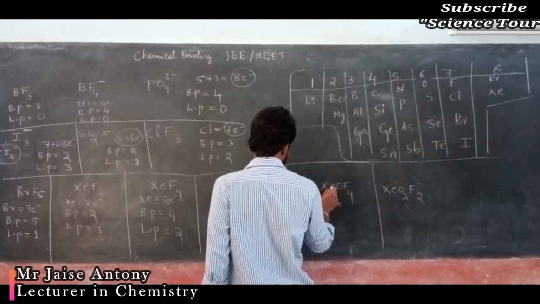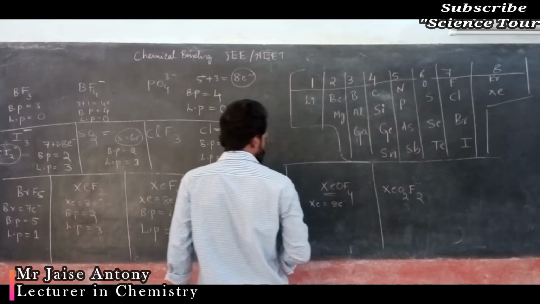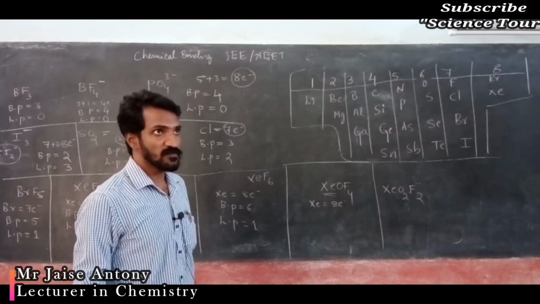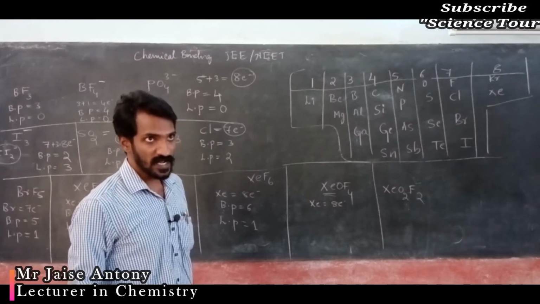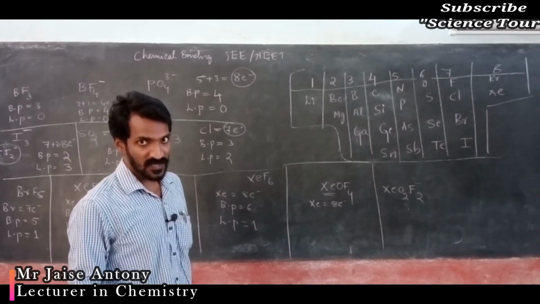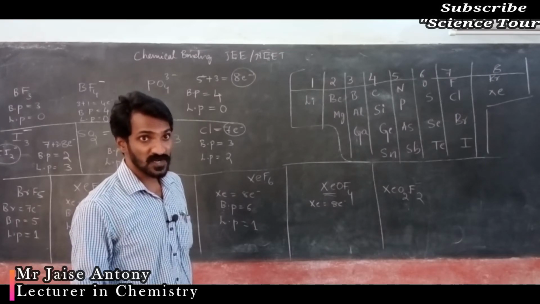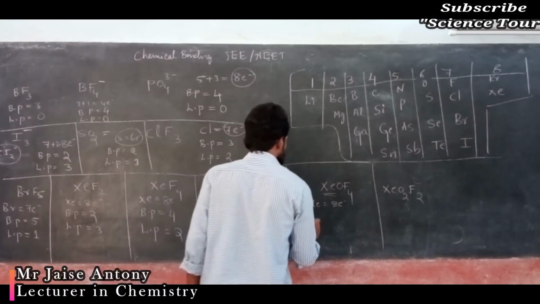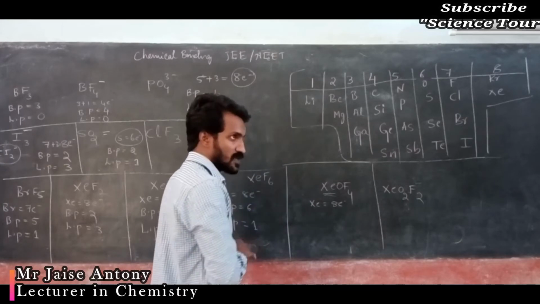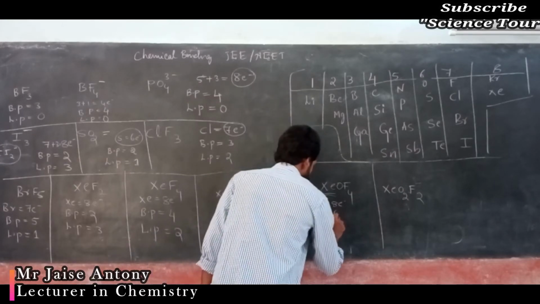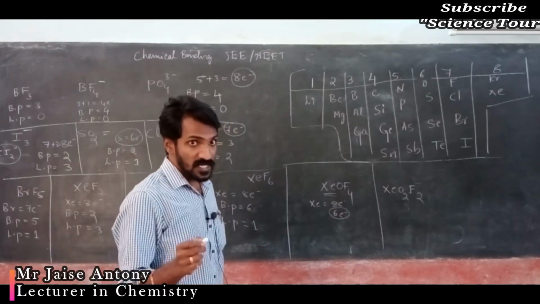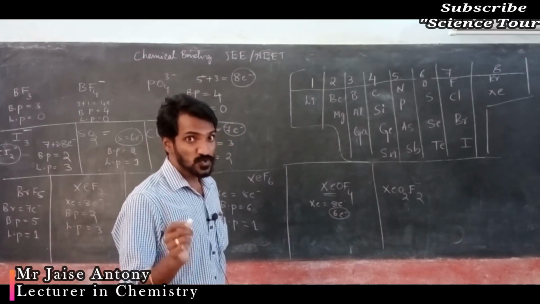Xenon forms 4 fluorine bonds and 1 oxygen bond. 4 fluorine bonds require 4 electrons, and 1 oxygen bond requires 2 electrons. So 4 plus 2, total 6 electrons are used. But that oxygen double bond is treated as a super single bond.